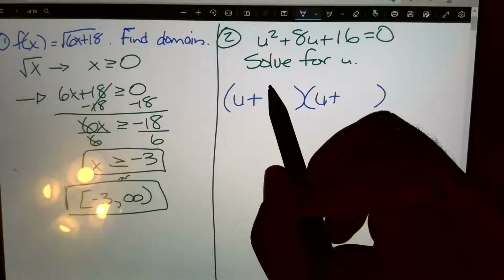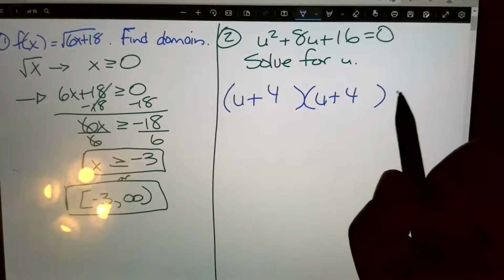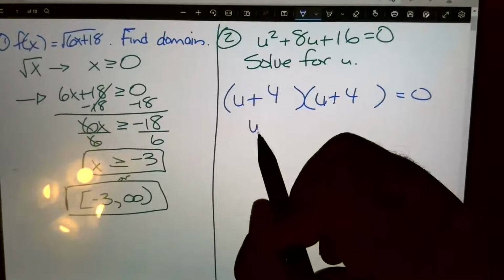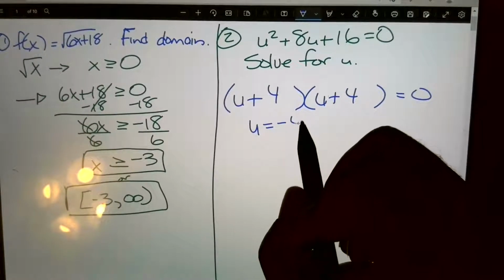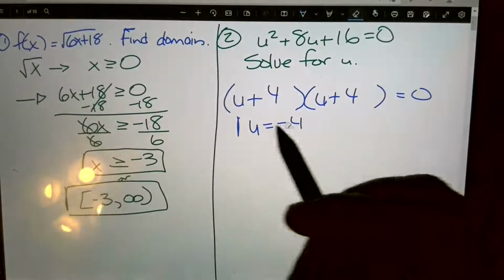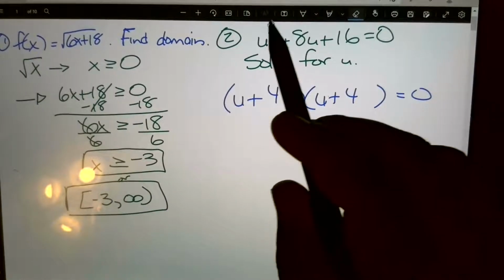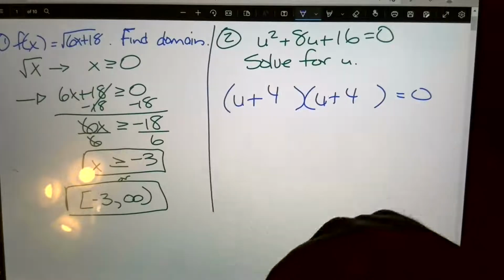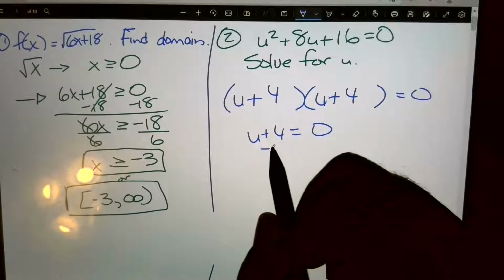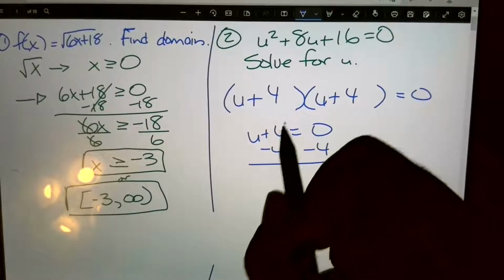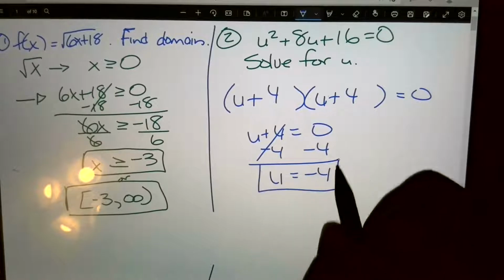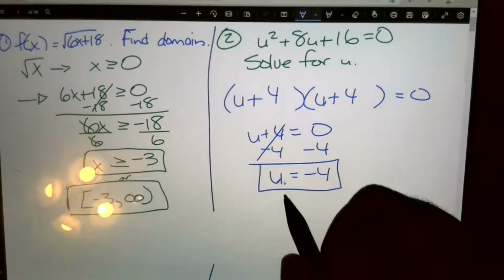And we know that that is 4. Oh, I'm skipping a step. So that means that u plus 4 is equal to 0. Subtract 4 from both sides. It means that u is equal to negative 4. And that's your only answer.